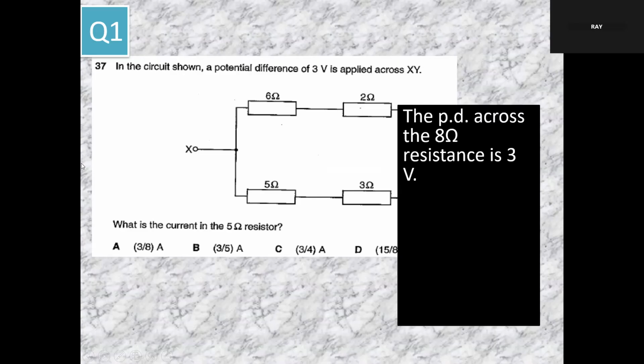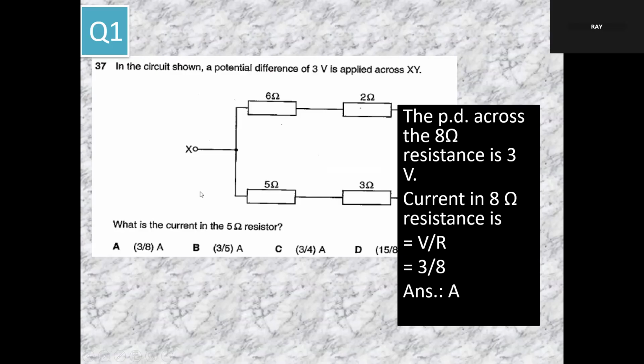PD across 8 ohm, either one is 3 volt. Current in the 8 ohm resistance is V over R, 3 over 8. The answer is A.